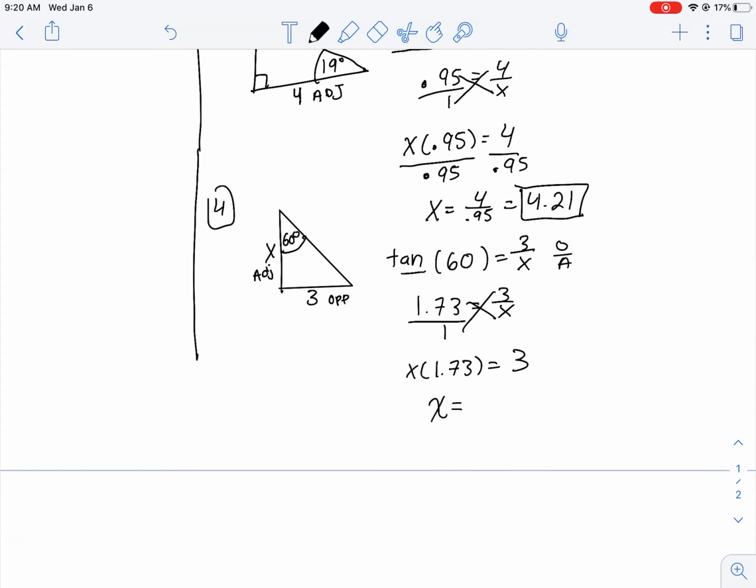So how do you get rid of multiplication now? You divide. So 3 divided by 1.73 is actually 1.73, and there's your final answer.